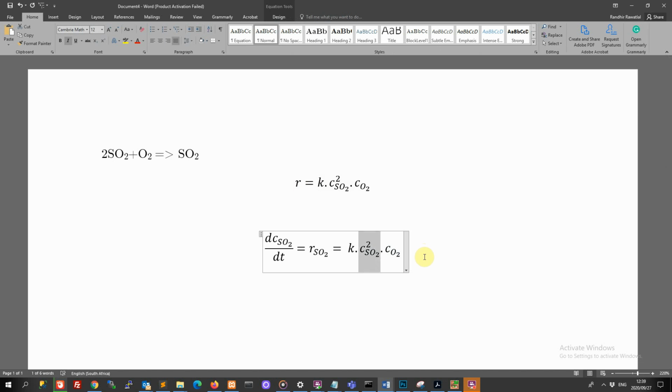And now you can see C_SO2 is the variable of this equation. Right, so you've got the variable of the equation, and that means we have to solve it. We also need the concentration of O2. So we need also a balance here.